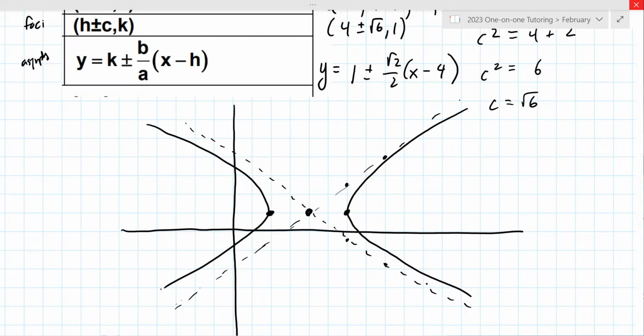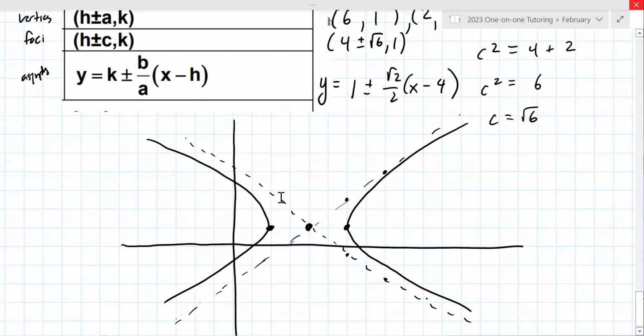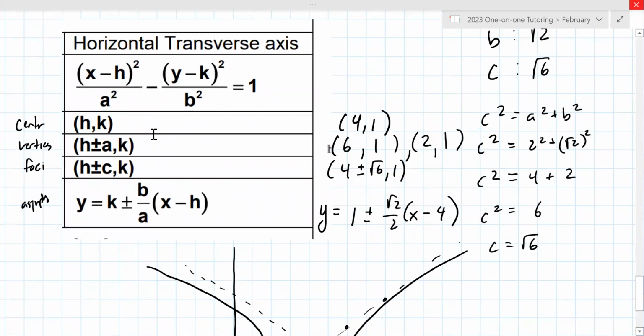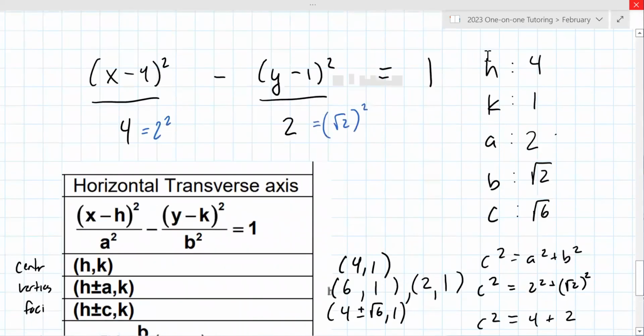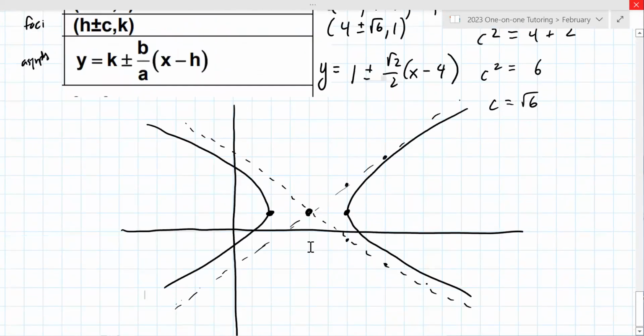So the asymptote line is the line that shows where the curve is going to bend after you have the vertices, because if the vertices were up and above, you would be graphing them up here and down here. Can't emphasize enough that all this comes from knowing the equations, getting H, K, A, B, and C, writing the stuff out, and then piecing it together.